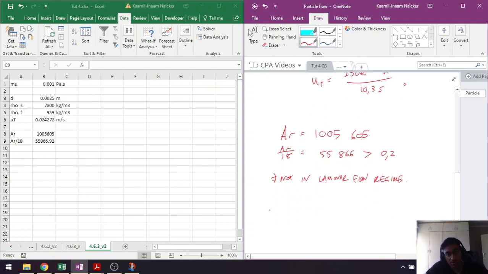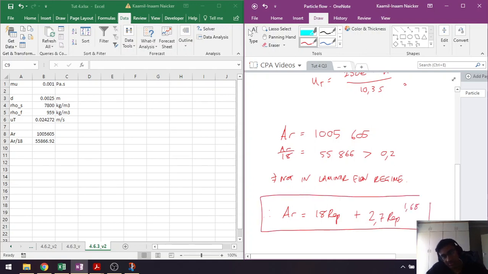Okay, and because we're not in laminar flow regime, we'll have to use this equation. Archimedes number is equal to 18 Reynolds number for the particle plus 2.7 Reynolds number of the particle to the power of 1.68. So we will have to use this equation because we are not in laminar flow.